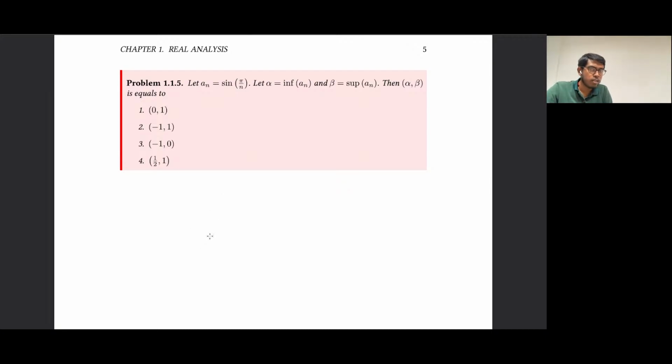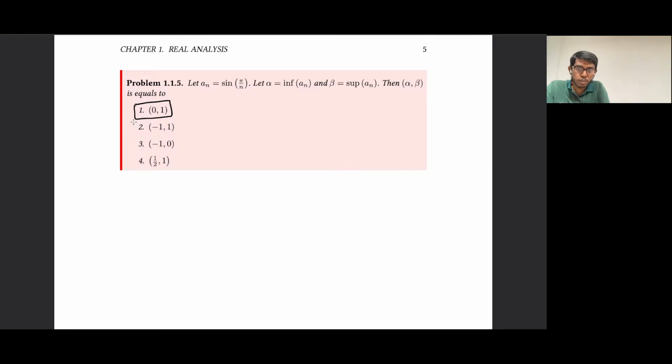Option 3, -1 and 0. Okay, let's see. Option 1, 0 and 1. See, Manmohan, what is the infimum of this set? Option 2.